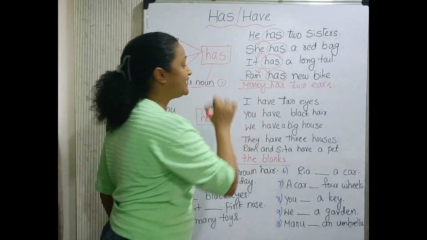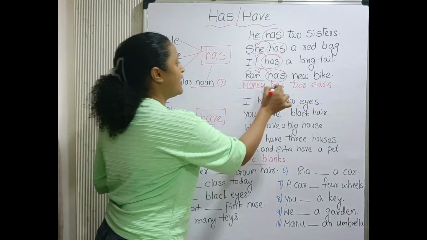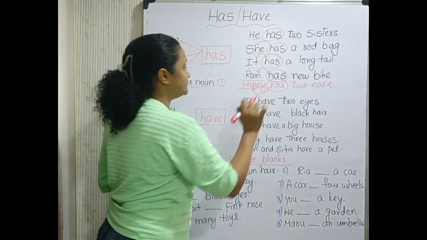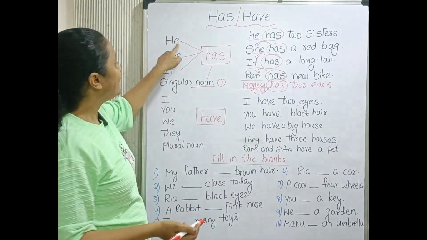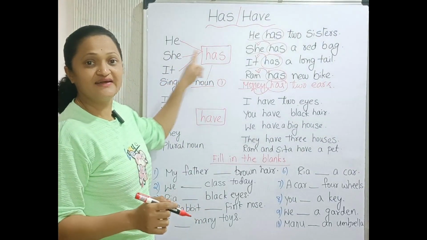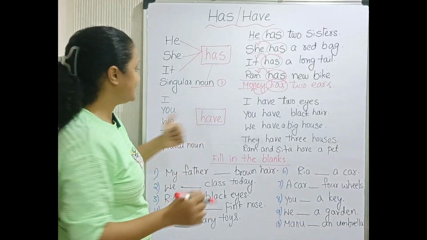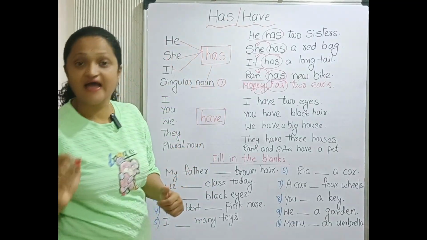Here monkey is one, so it's a singular noun. Has is used with a singular noun. He has, she has, it has, singular noun has.